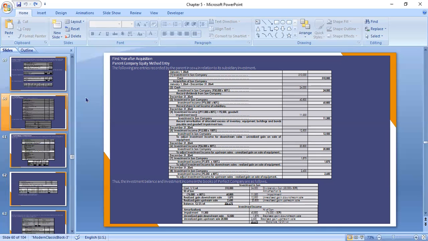Then you are going to credit the account for the dividends, for the amortization and the impairment loss, and you credit unrealized gain in downstream sale and unrealized gain on upstream sale. Now, in the event that there is a loss, you also debit loss from investment and credit investment.